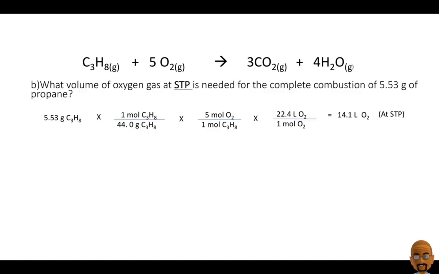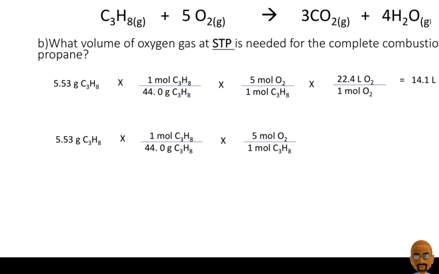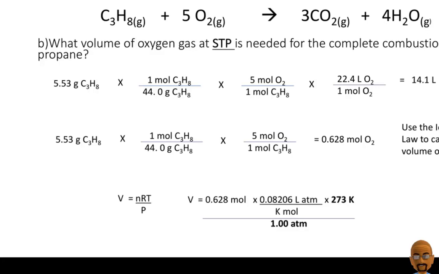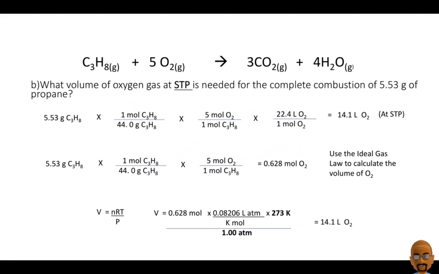A little bit more complicated to do that, but if we went about it the same way that we did in the previous problem and calculate moles of oxygen, we could then use the ideal gas law, this time inserting the temperature and pressure for STP. And doing that, you'll see that we get exactly what is calculated using the simple 22.4 liters per mole relationship. A little bit more complicated using the ideal gas law, but if we wanted to be consistent, we could use the ideal gas law every single time.